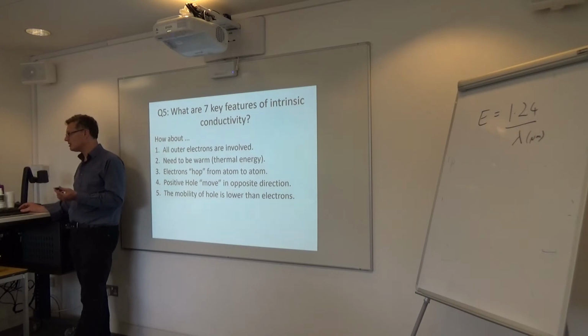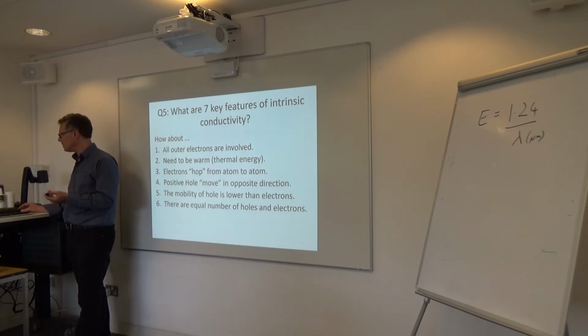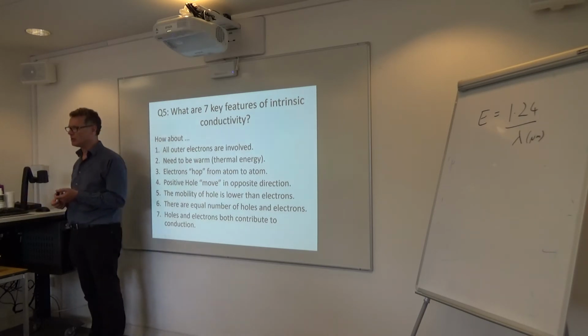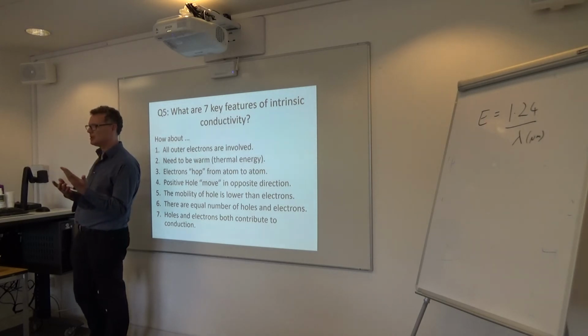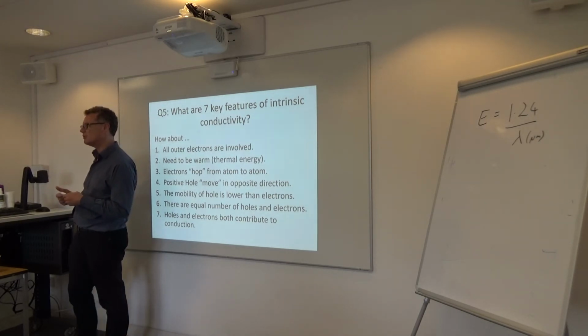The holes will have lower mobility than the electrons. We had the equal number of electrons and holes, and we could state that they both contribute to conduction. But I think the fact that we mentioned electron hole pairs would be a good one.